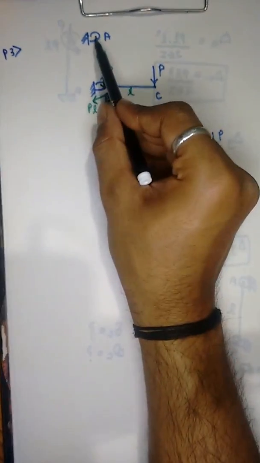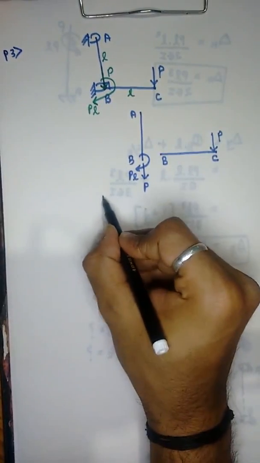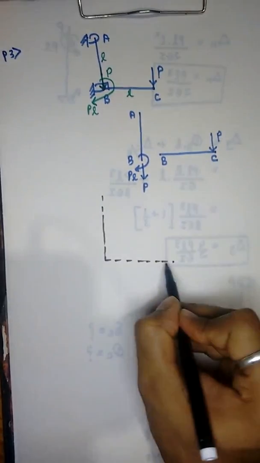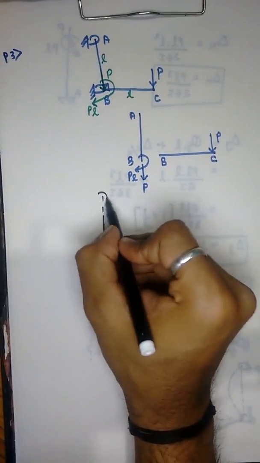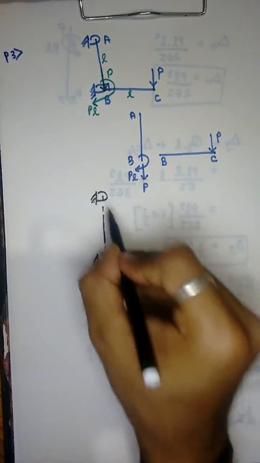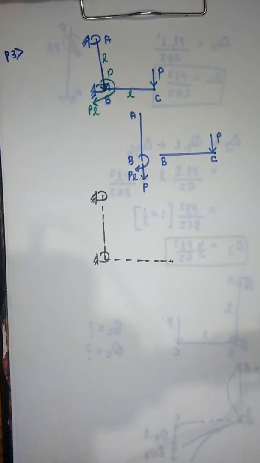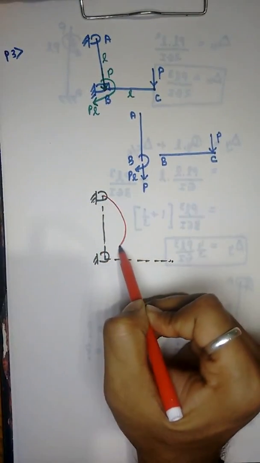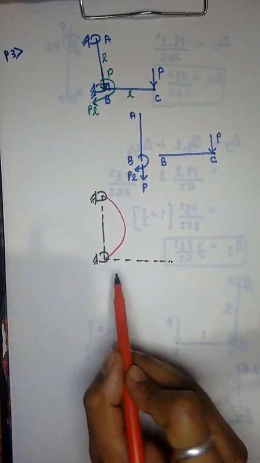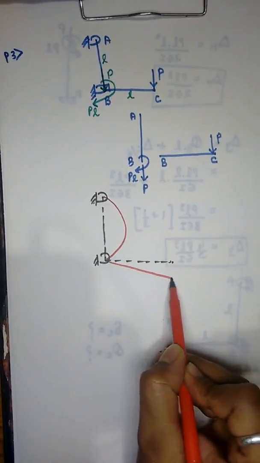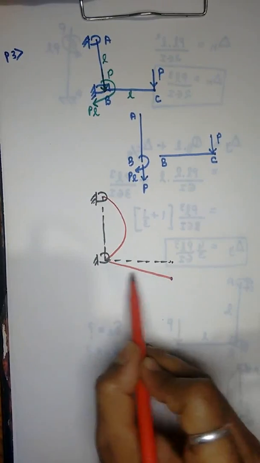So let us find the deflection curve of this frame. This is our reference frame. The vertical portion is hinged, so the vertical portion will deflect in this manner, and due to this deflection this will be a straight line.